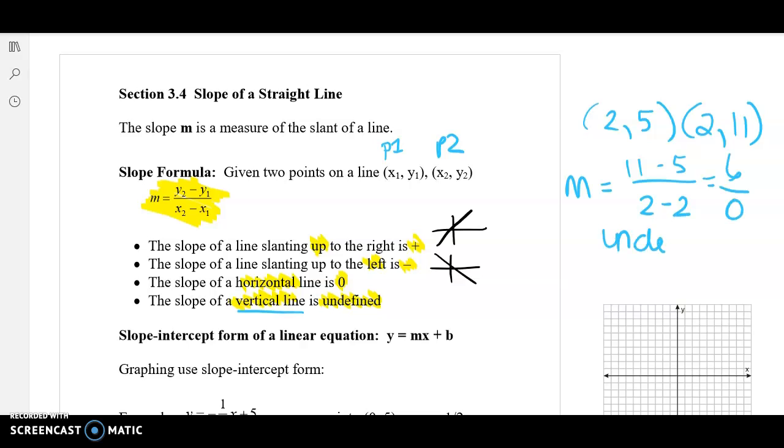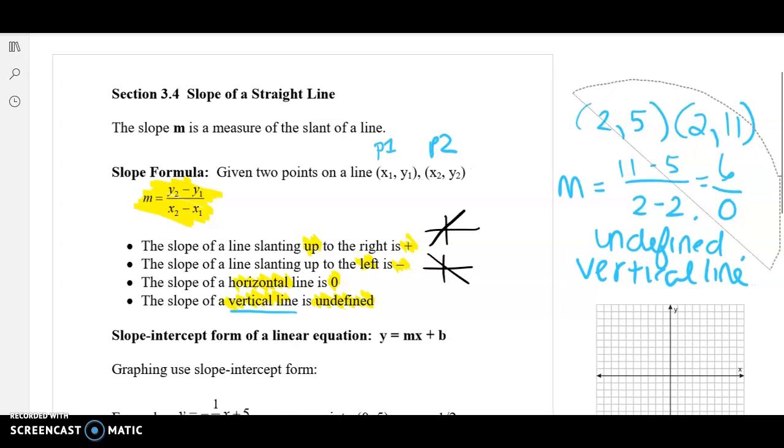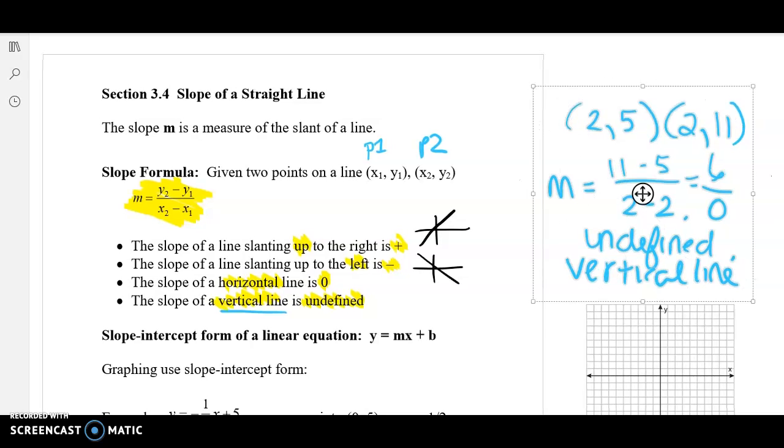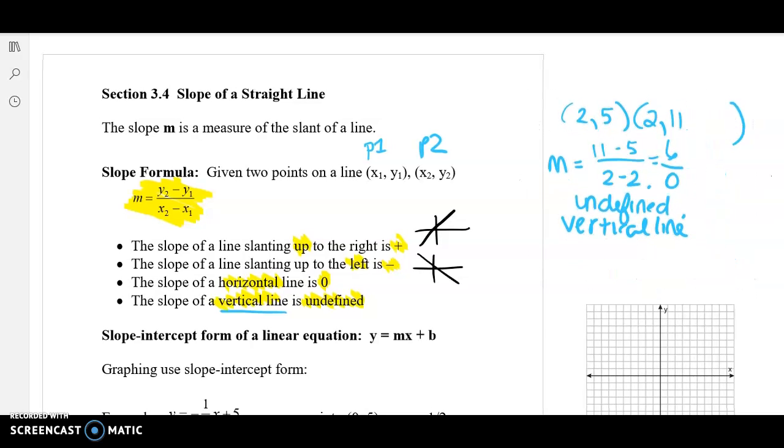So this is undefined, meaning vertical line. So if you need to, hit pause and put all of this down. All right, so same x value vertical line, same y value horizontal line. The slope would be 0 for a horizontal line.